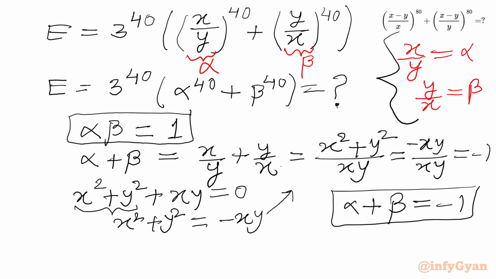Now we can think about a quadratic equation whose roots are alpha and beta. Here we have the sum of roots and here we have the product of roots. So let's write our equation. Alpha beta equal to 1, alpha plus beta equal to negative 1.